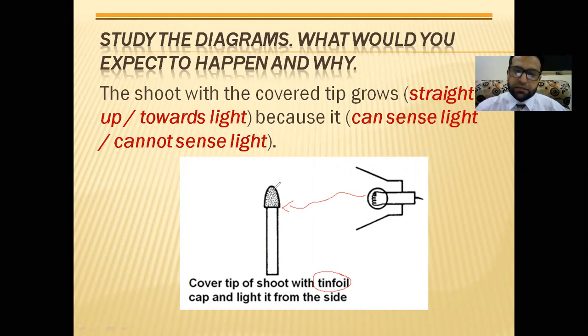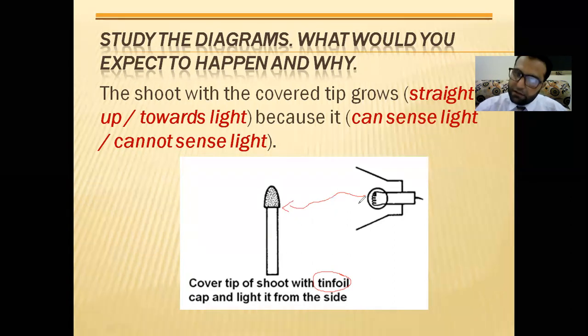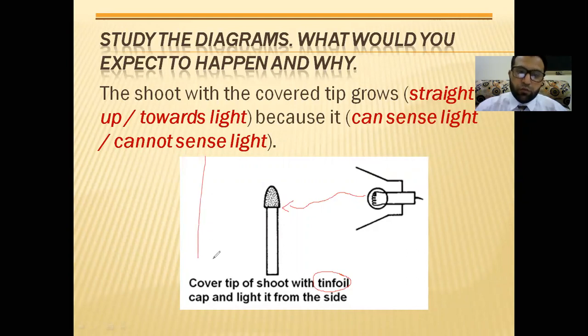It means that this shoot will not sense the light. The tip will not sense the light, and because of that, that shoot will grow straight. It will not bend toward the light. Now, why it is happening like this, we will discuss right now.